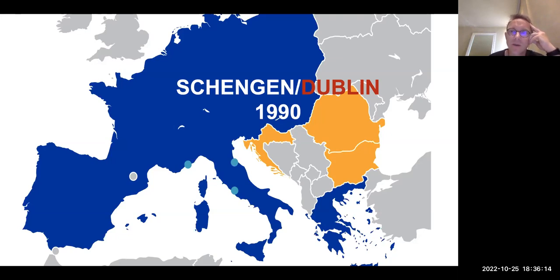But with the Schengen area, we also created external borders, which have been enacted in particular for providing the security for the states to open up the internal borders.